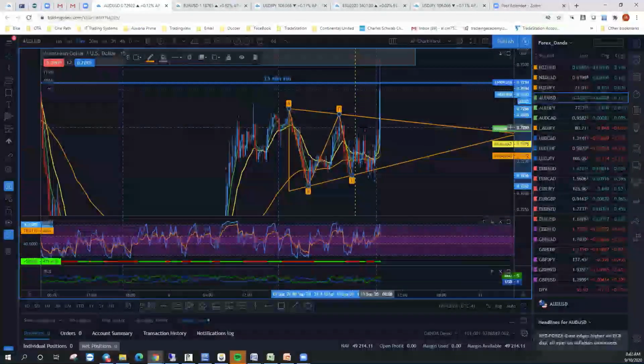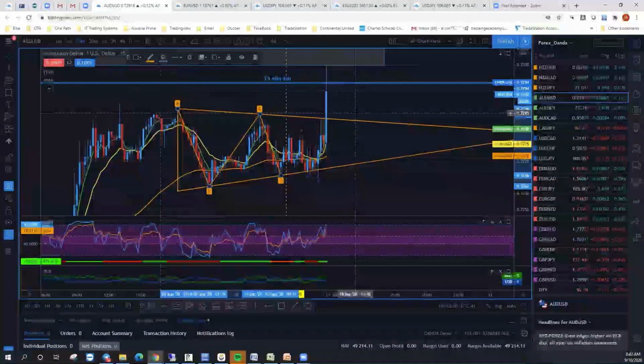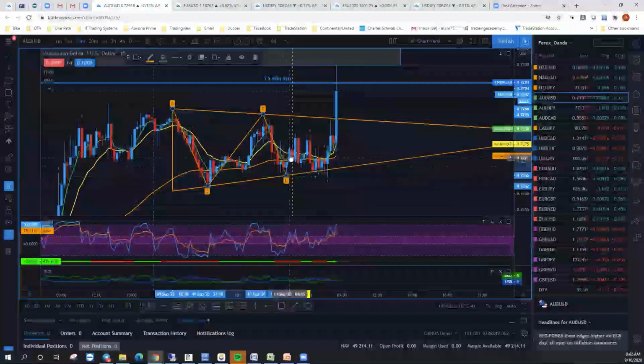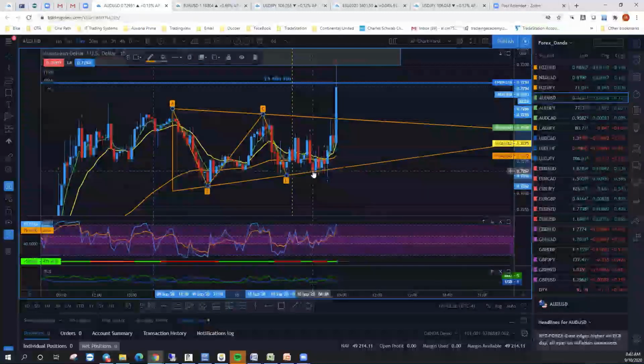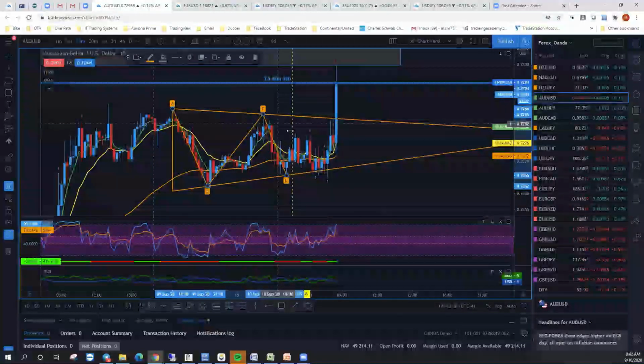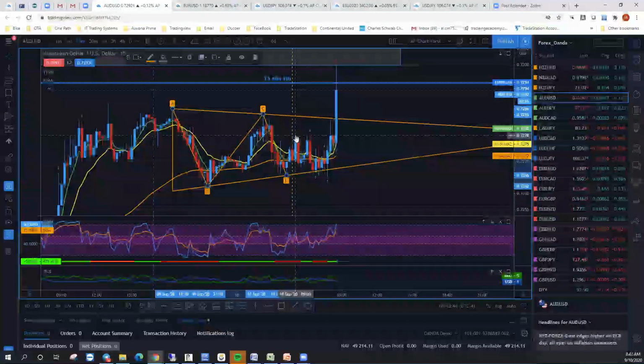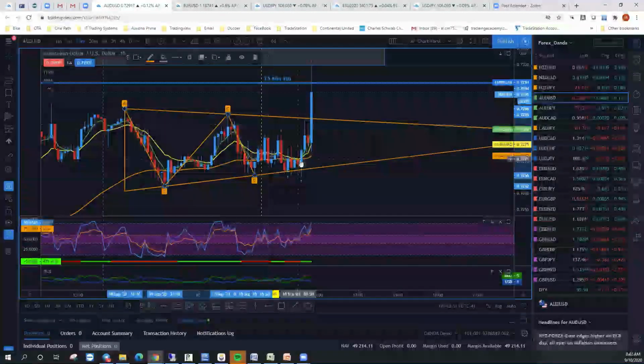While it was basing inside of here, I could see that it made a high, and then it tagged this one. When it made this high, I was looking at it to break through. It came up, it broke, and it got me in on a lower time frame chart.